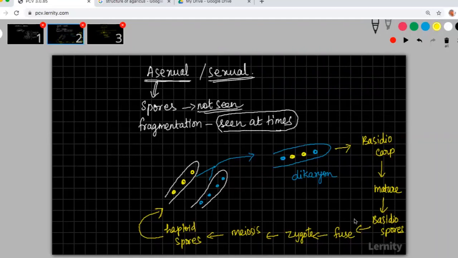Dikaryon means fusion of protoplasm. After plasmogamy, you will get into the dikaryon state. The basidiocarp is grown, and after that it is maturing.